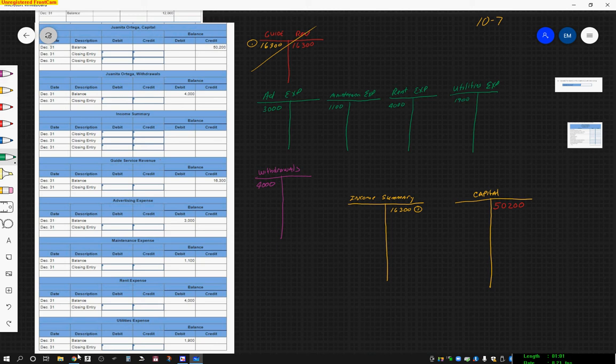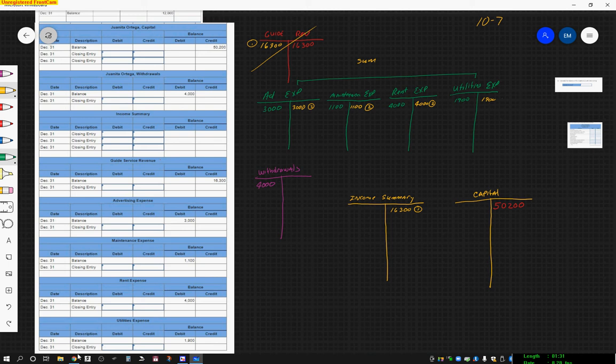So if we take these accounts, this is a compound transaction, and we're going to take the sum total of all of them and bind them up and dump that value into the income summary.